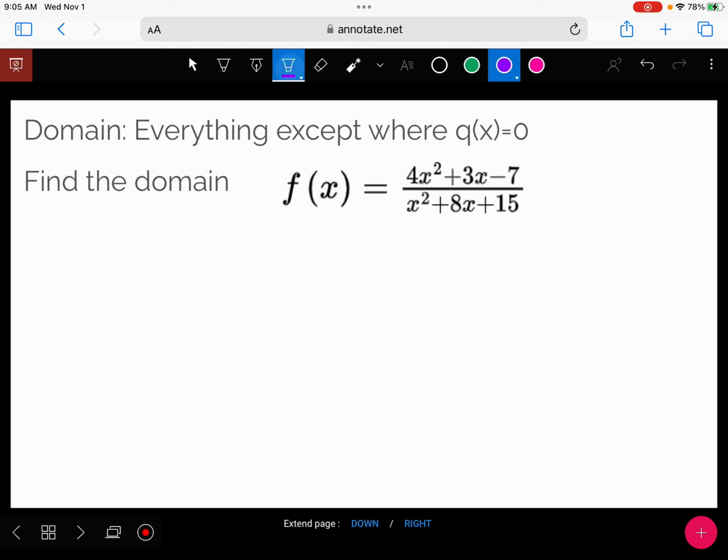So that means I need to look at my denominator here, and I need to find out when this guy equals 0. So I need to know when x squared plus 8x plus 15 equals 0. When does x squared plus 8x plus 15 equal 0?